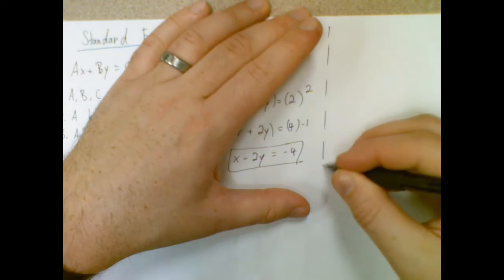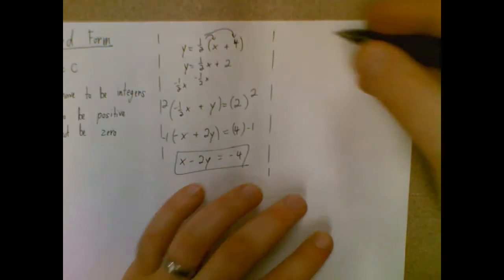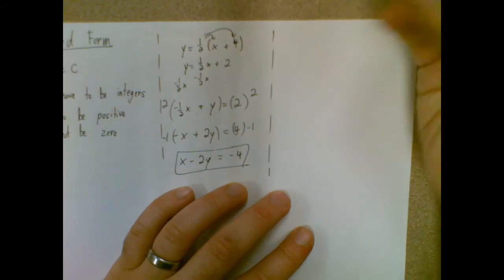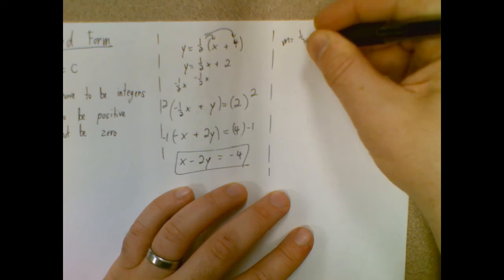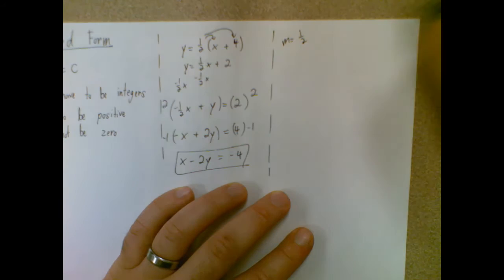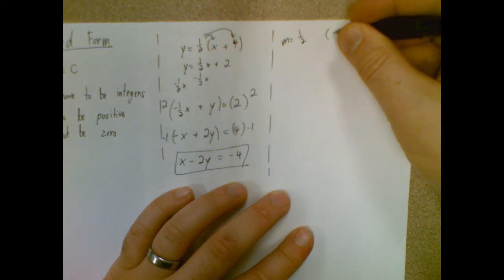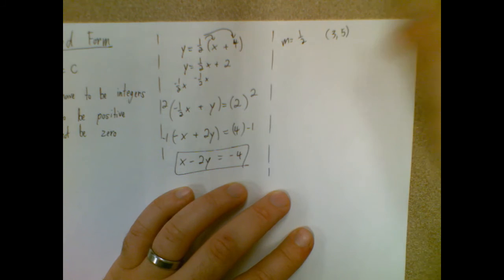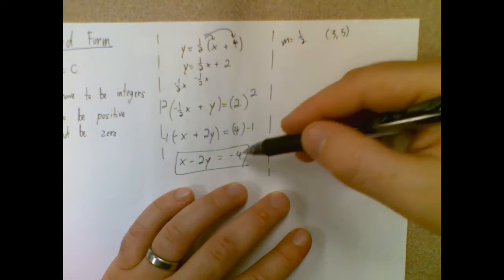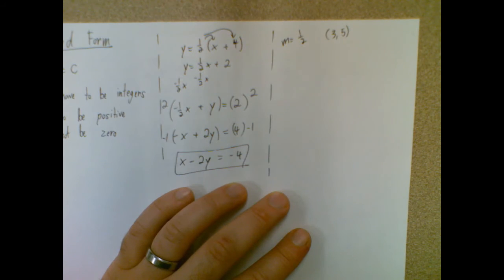Okay, so if you start with an equation, it's just moving things around. If you get one of our other cases where we have things like, say, a point and a slope, if our slope is 1/2, and I have a point at (3, 5), I can do this, I just need to find an equation first, okay?